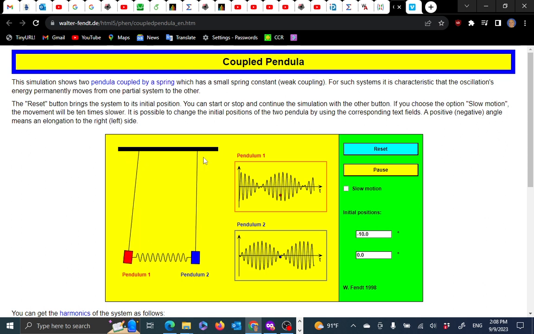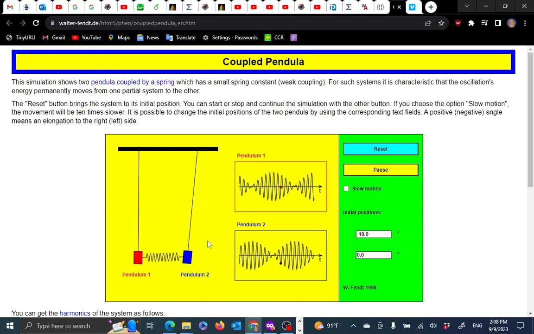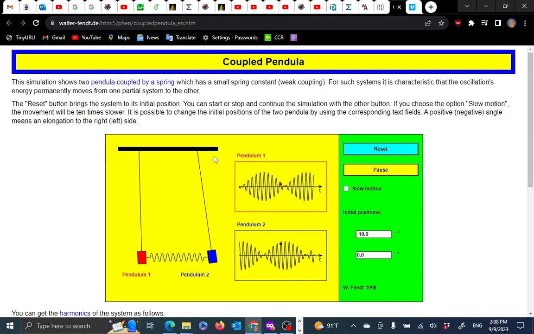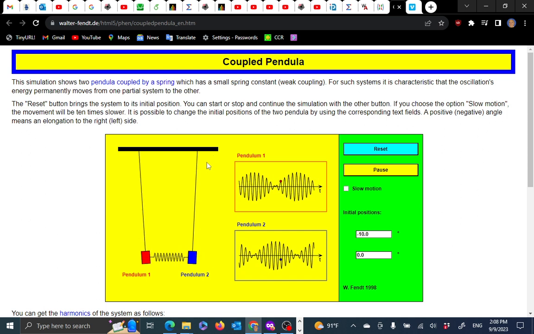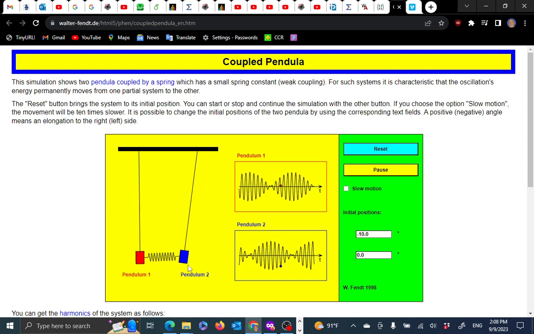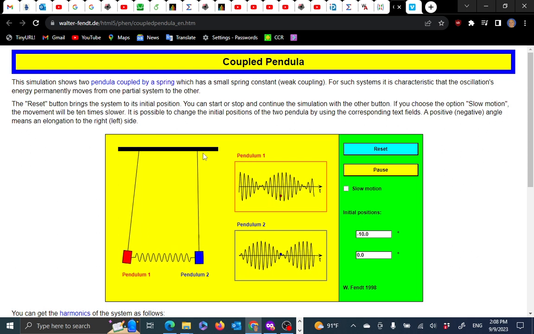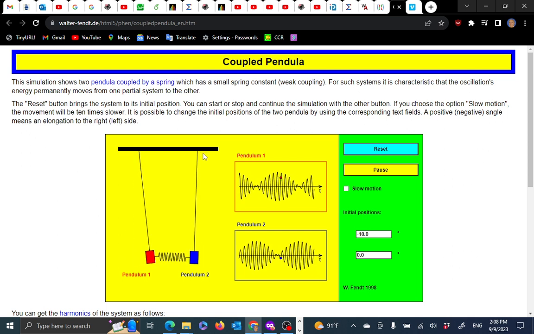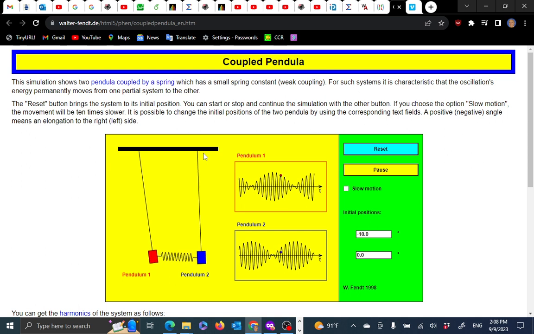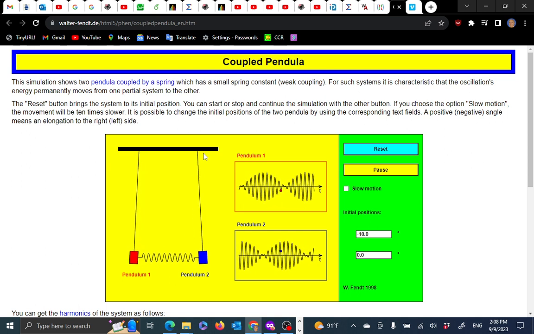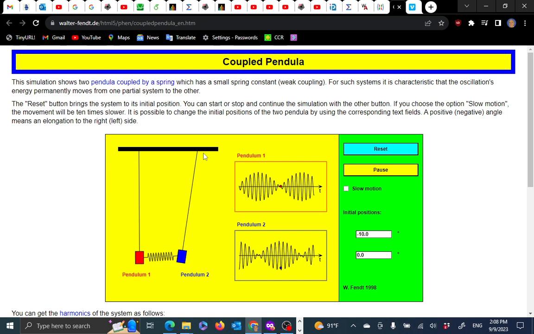So just get a string and two other smaller strings, attach some weights to them, get this thing supported perhaps by two chairs or something, and then watch the movement. Just make one of them move and the other one gradually starts to move because of the vibration going to it from the string up here. That is what we are after today, to study the behavior of such systems.